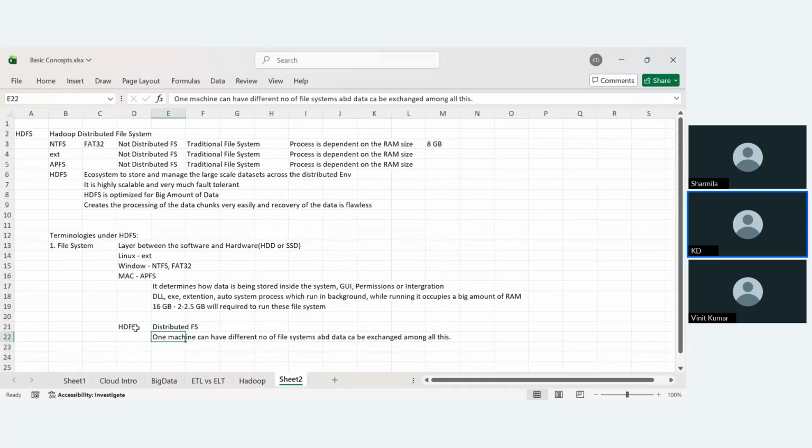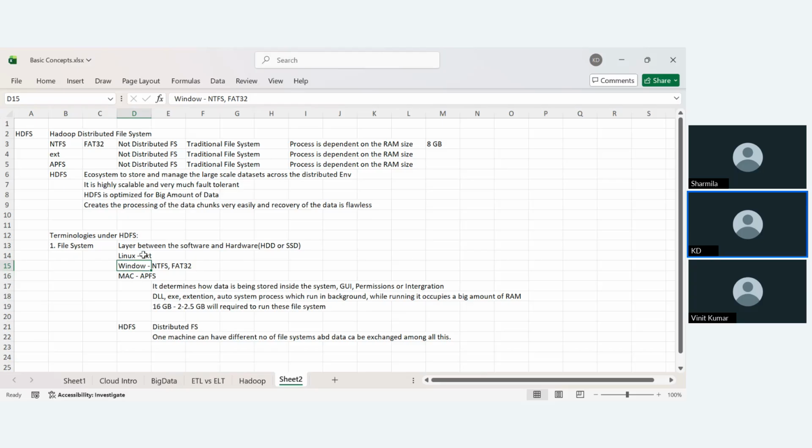So when you install HDFS in your system and allocate memory for it, it internally creates its own partitions, and those partitions are treated as separate workplaces, right? In Windows, the C drive is usually the workplace of the entire system, no matter in which location you are running the program. Ultimately, for execution, every program has to come into the C drive.